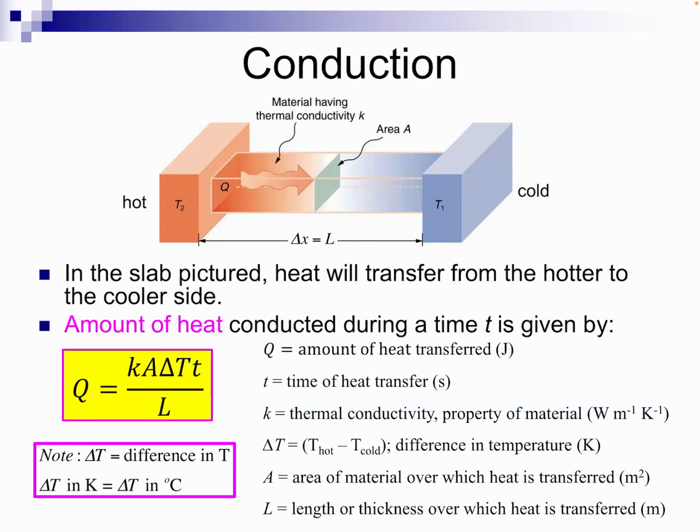We have a difference in temperature. We've learned that if you have a difference in temperature, energy will flow from hot to cold. So there is energy flow from the hot slab to the cold slab. Now, how do we quantify how much energy Q is transferred from the hot slab to the cold slab?